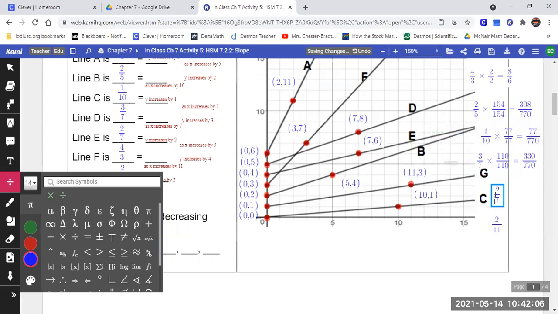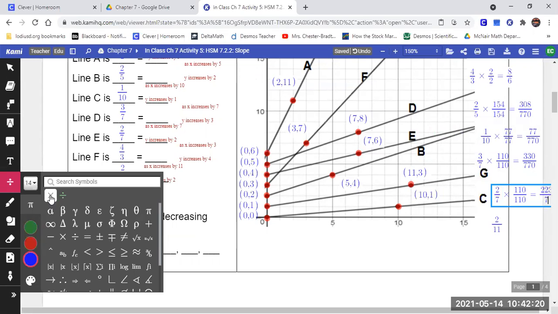The 2 is going to be the same thing. It's just going to be a 2 times the 7 times 110, which is 220 over 770.